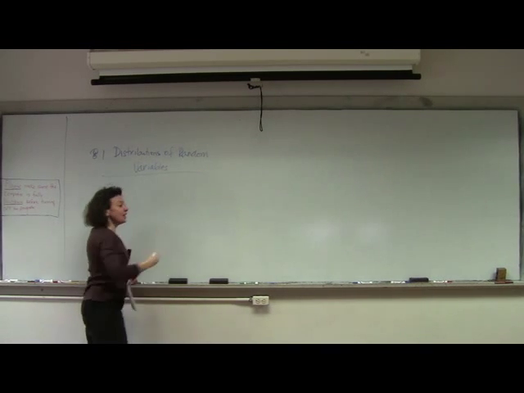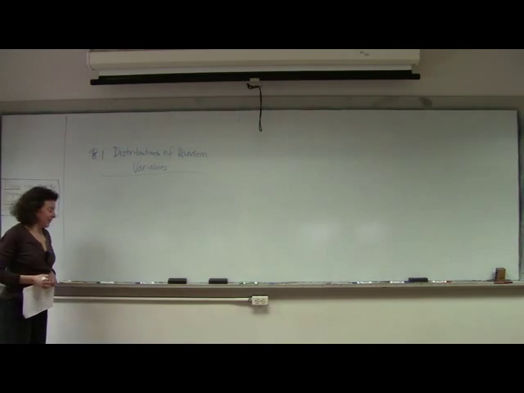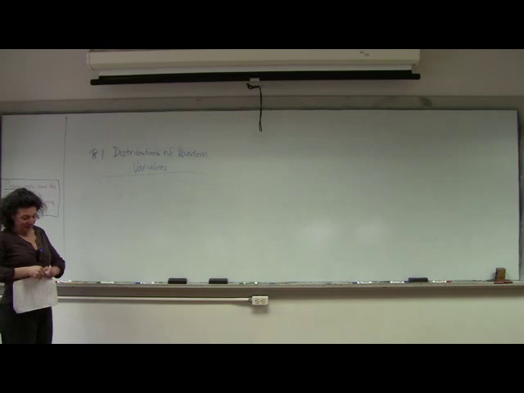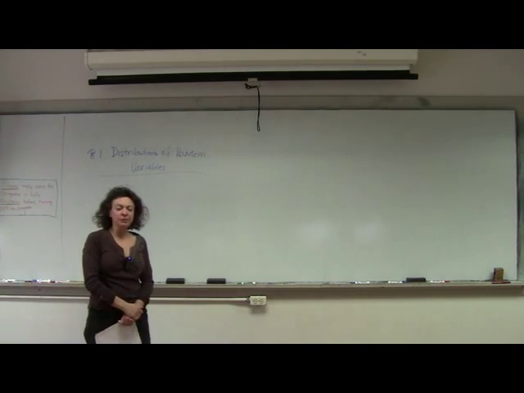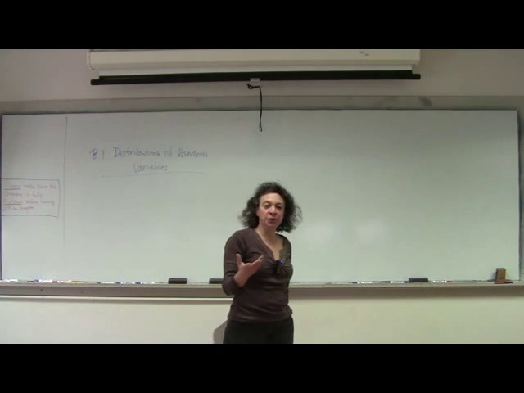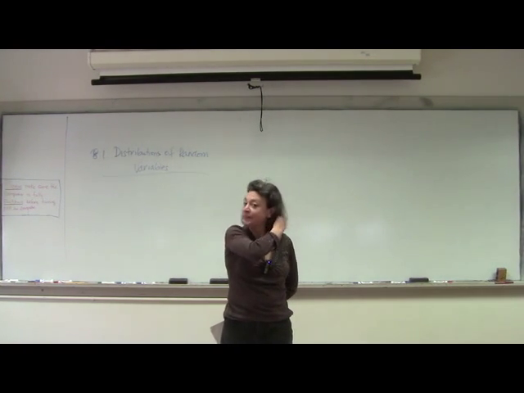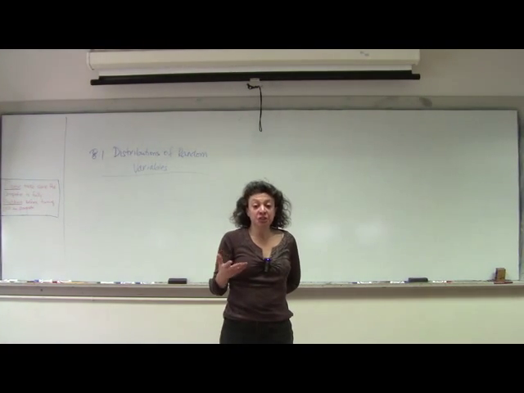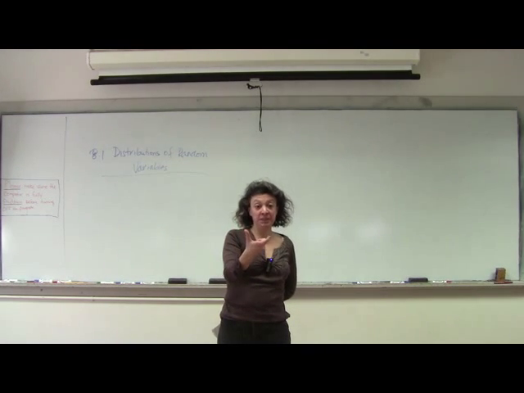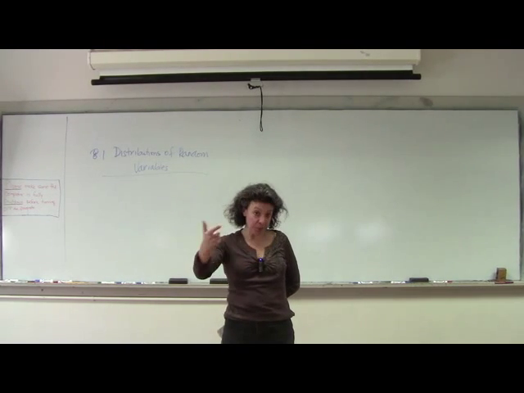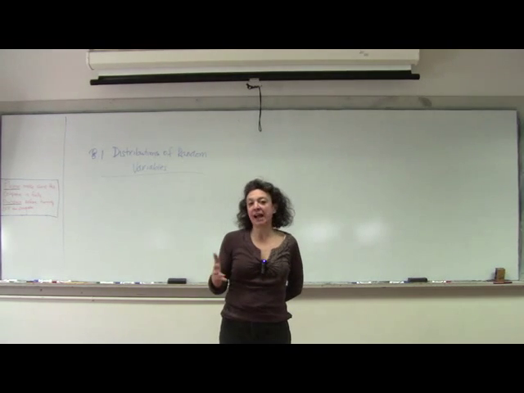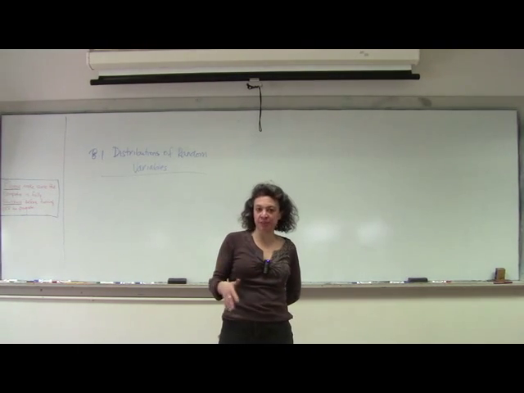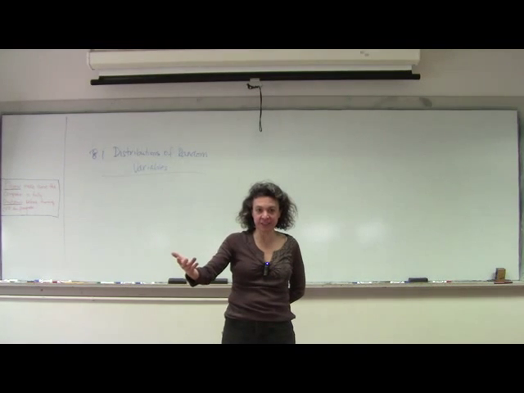Okay? The title is actually more complicated than the actual section itself. Now, you might ask, what is a random variable? Think about when you were in an algebra class. What we would do is let, for example, x represent some quantity. So we could let x represent the number of students in Math 115.